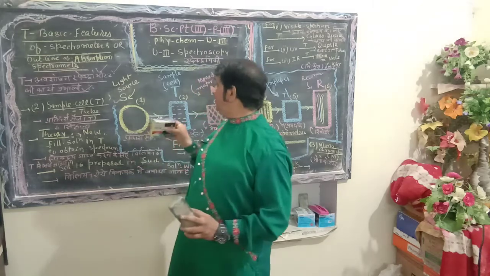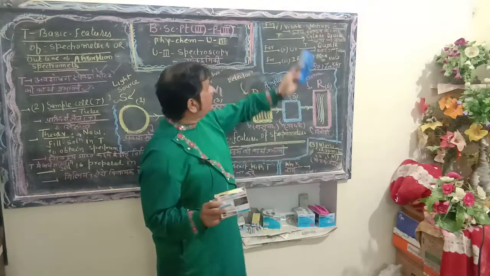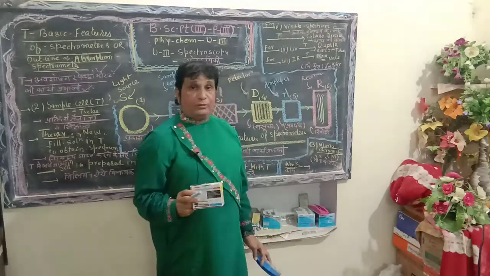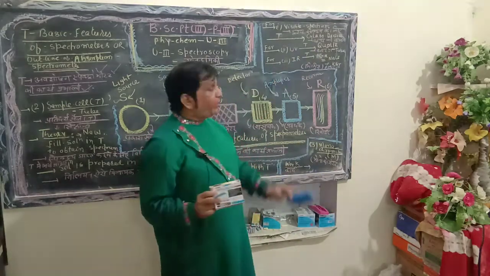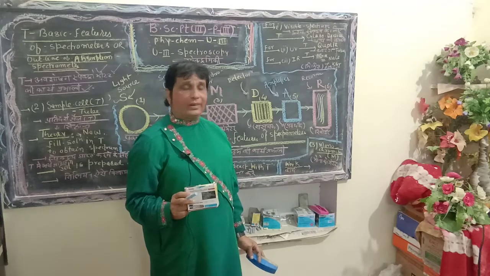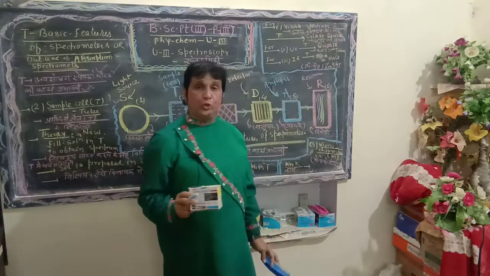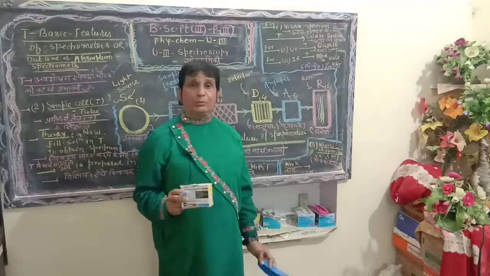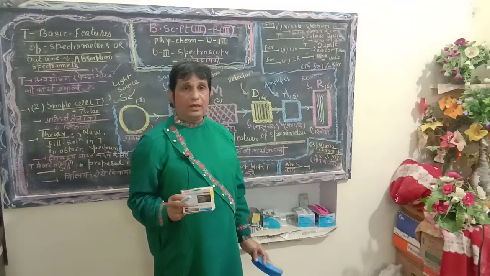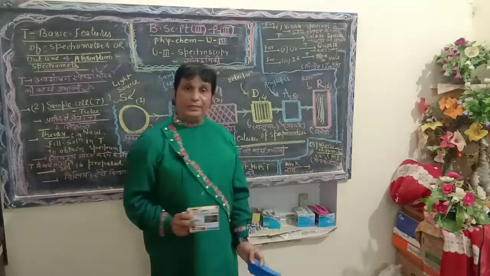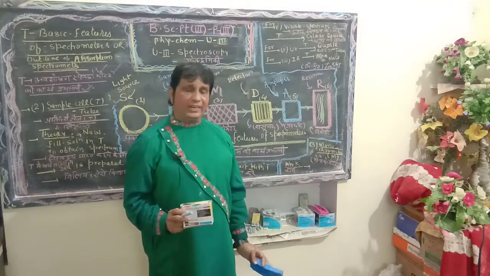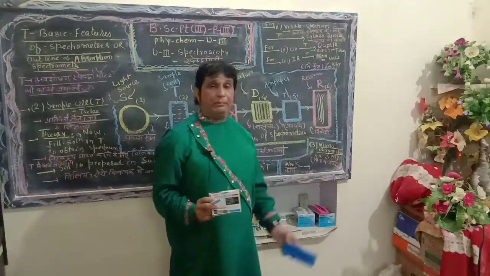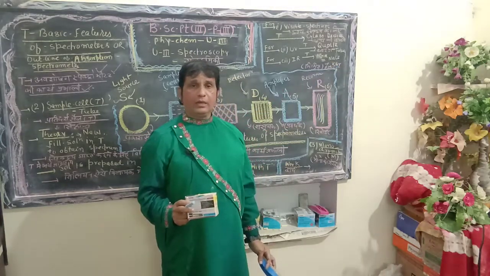For the production of the visible spectrum, a glass device will be used. For the production of ultraviolet light, a quartz tube will be used. Suppose we want to produce the IR spectrum: dear students, mixed alkali halides like NaCl and KBr will be used.